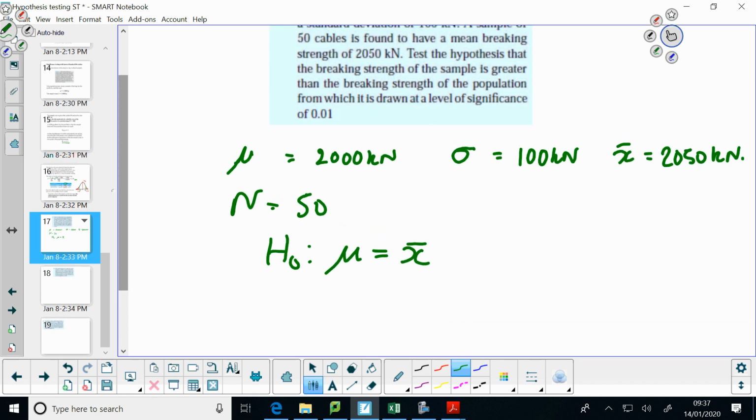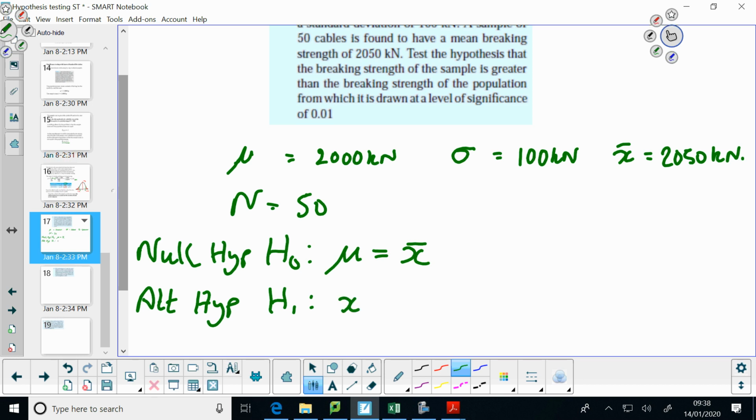Then we need to think about what our alternative hypothesis is. So let's put this in here: the null and the alternative, H1. In this case, what does it say? It says test the hypothesis that the breaking strength of the sample, so that's x bar, is greater than the breaking strength of the population.